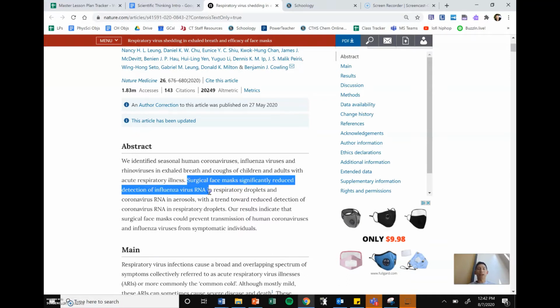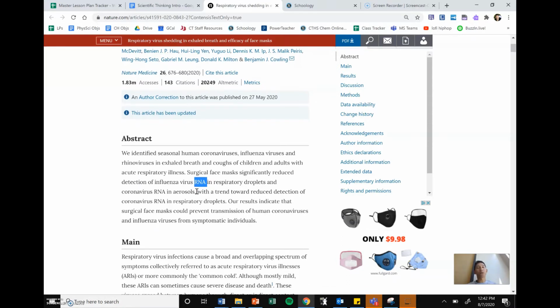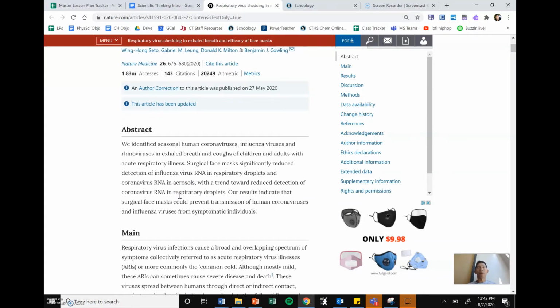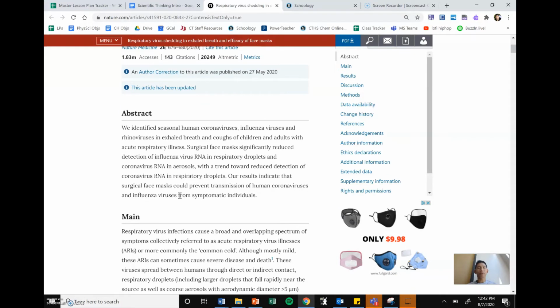Surgical face masks significantly reduce the detection of influenza virus RNA. RNA is a type of cellular material a lot like DNA, and they are particles that viruses will produce in order to reproduce themselves, and it helps us detect the presence of the viruses.